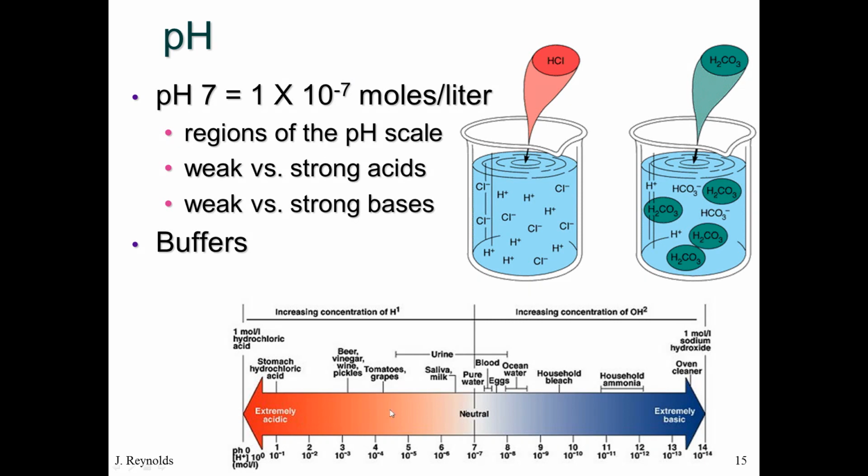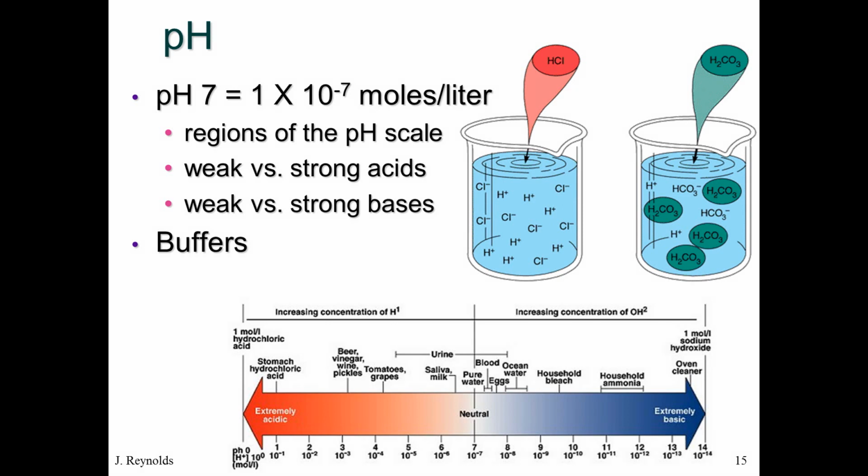When you go to the left of 7 on this scale, down into the lower numbers, you're in acidity. So if you look at pH 5, look at 10 to the minus 5. That's 1 times 10 to the minus 5 moles of hydrogen ion per liter. Again, forget the minus, you take the 5, and that becomes your pH. 10 to the minus 5 is a larger number than 10 to the minus 7.